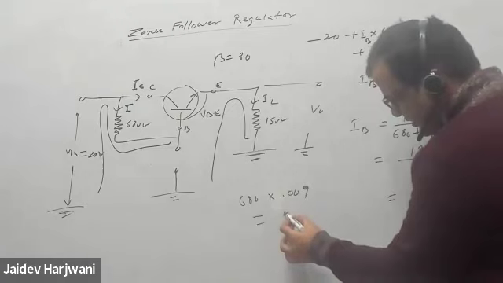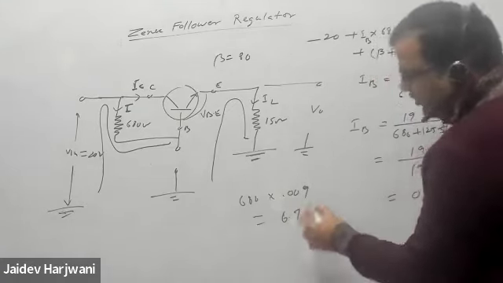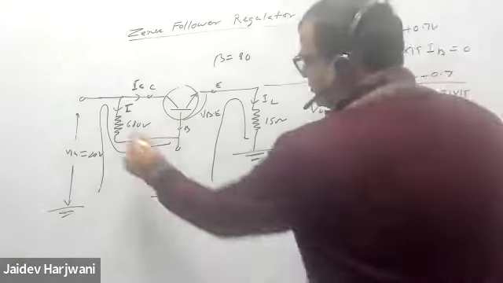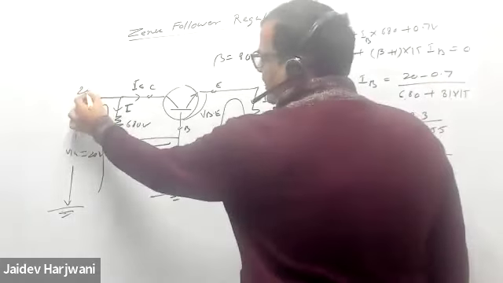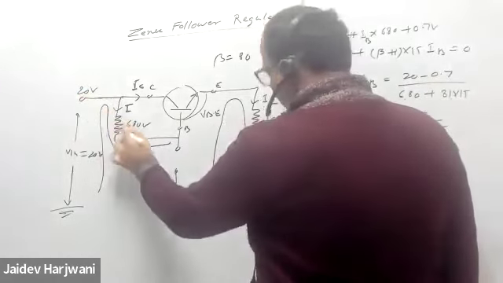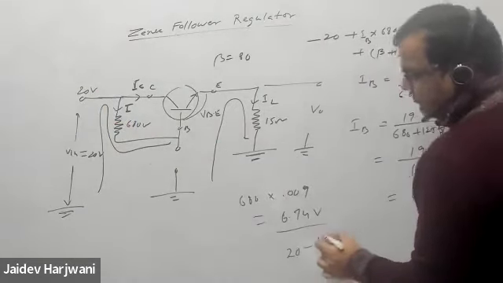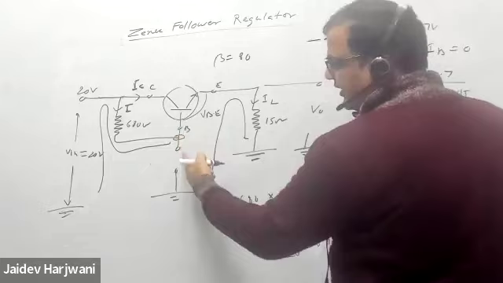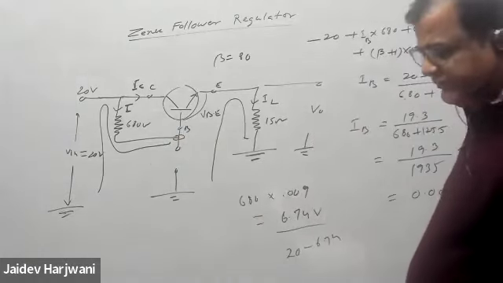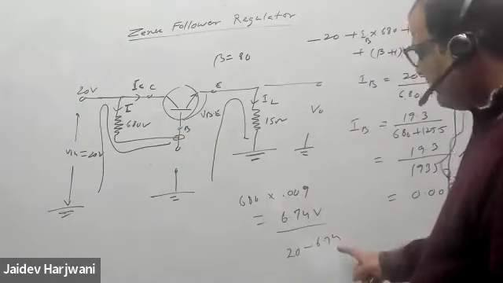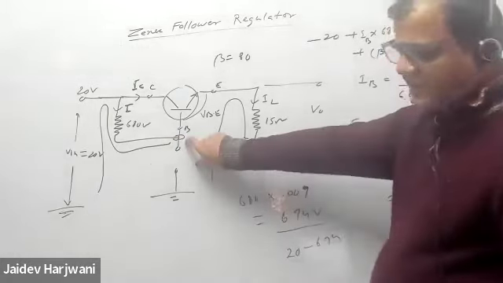Out of the 20 volt, 6.74 is getting lost here. 20 minus 6.74, the remainder is coming here, which is greater than your 10 volt. So when it is greater than 10 volt, automatically you say this Zener diode is on.